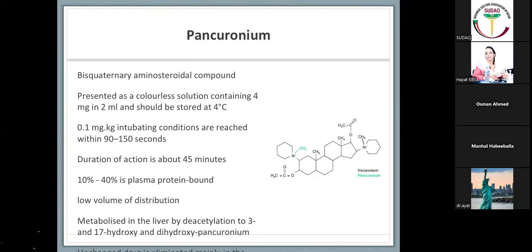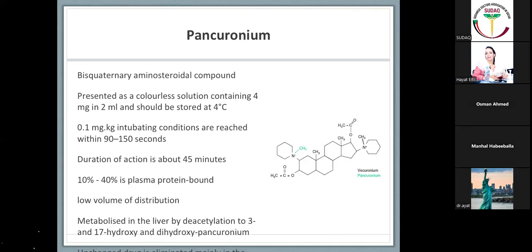10 to 40% is plasma protein bound, so it is one of the relaxants which has a higher protein binding. It has a low volume of distribution, similar to all other muscle relaxants because they are not lipid soluble. It's usually metabolized in the liver by deacetylation to 3- and 17-hydroxy and dihydroxy pancuronium.